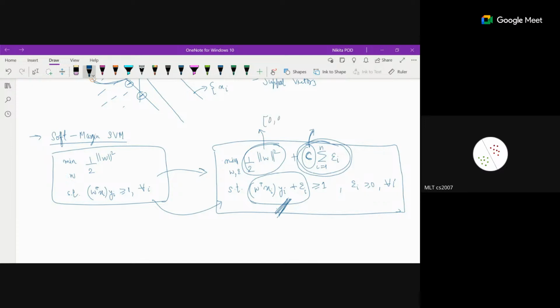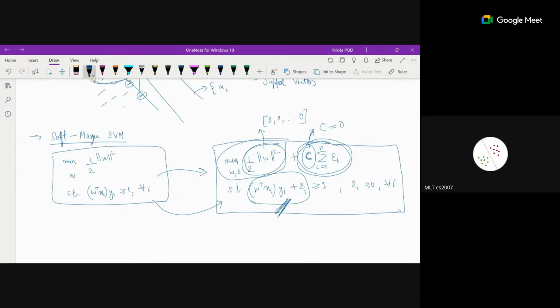That will be the most ideal in that case. Do you agree with this? If C is 0, then my problem is to minimize W square by 2.